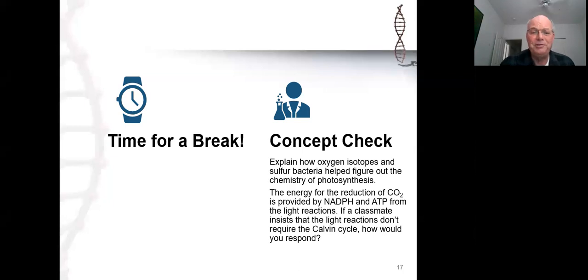The problem for Van Niel, the biologist who figured this out, was that he could not demonstrate it. But the oxygen isotope study demonstrates the reality of water being the sole source of oxygen. Because if you give carbon dioxide containing the oxygen 18 isotope to plants, none of the oxygen 18 turns up in the oxygen gas.